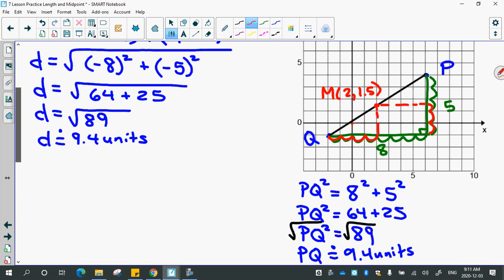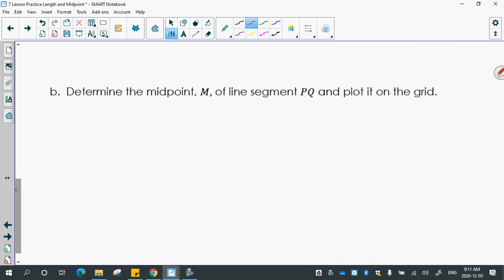Okay? So that makes logical sense, but you won't always have a graph that you can use, so we have a formula that you can use. Okay, so this is 4 again, and this is 2 again. All right, so the formula for the midpoint says you take the two x values, add them together, and divide by 2, which is really your average x value. And it's a weird formula because it's got a comma in the middle.